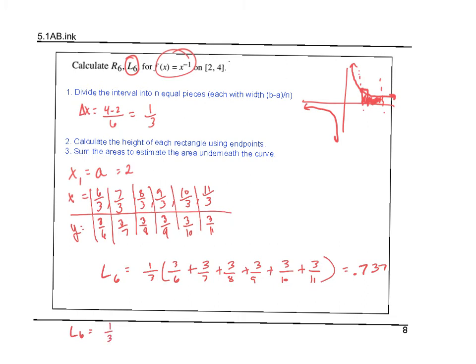L6 is 1/3 times the sum from 0 to 6, or I'm sorry, 0 to 5, of f of 3/6 plus j. And it equals the same exact thing. Not a huge topic on the AP exam, but it's been brought up, so I wanted to make sure that it's something you see.